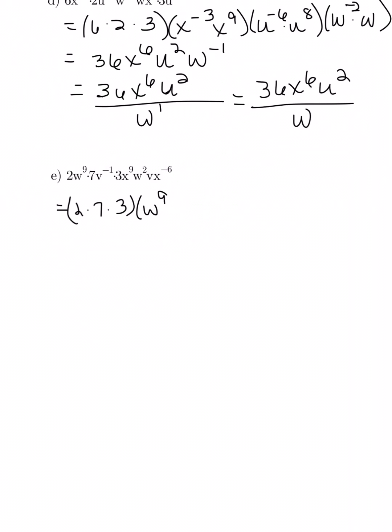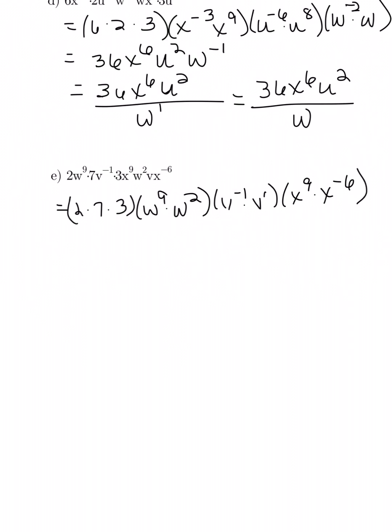I have W to the 9th times, on the end we have a W squared. The next letter that I see is a V, so I'm going to have V to the negative 1 times V to the positive 1. And then with X's, I have X to the 9th times X to the negative 6.